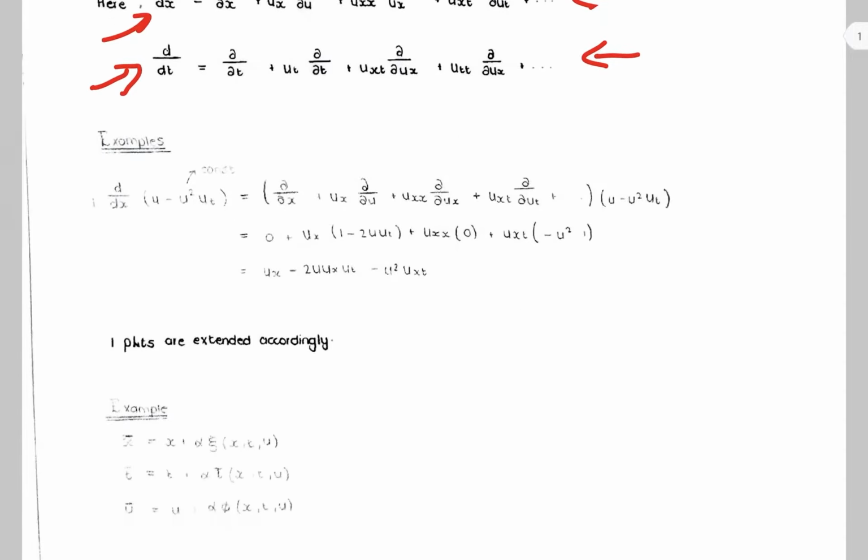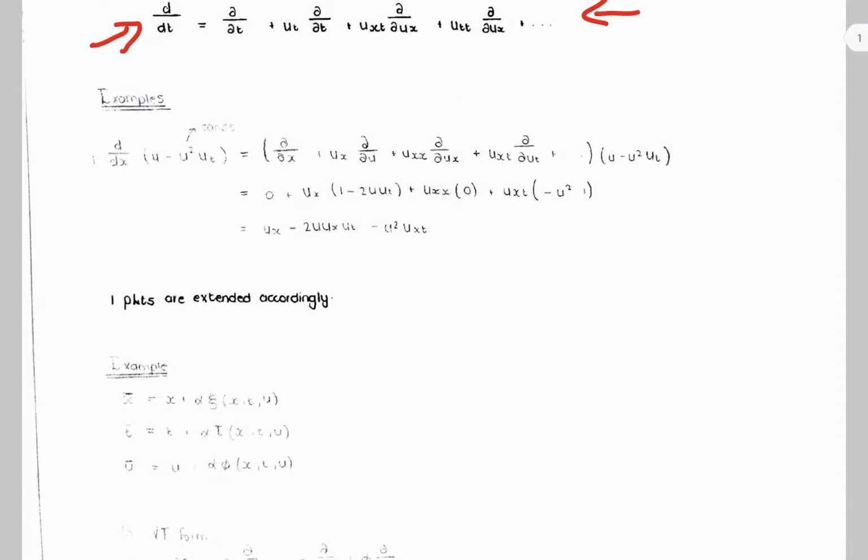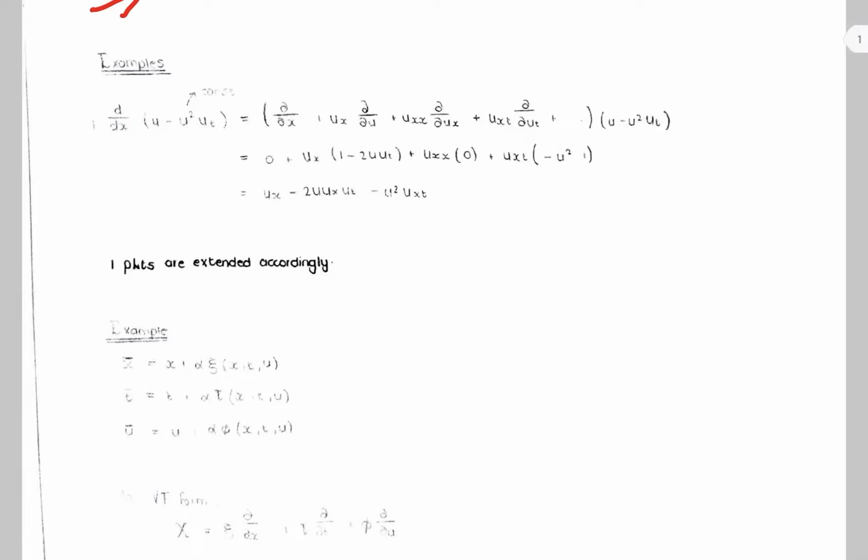Moving on, here's an example of taking a total derivative of a function u minus u squared x. So let me just write that a bit better. That is u minus u squared, u_t, or is it u_x? That's u_x.